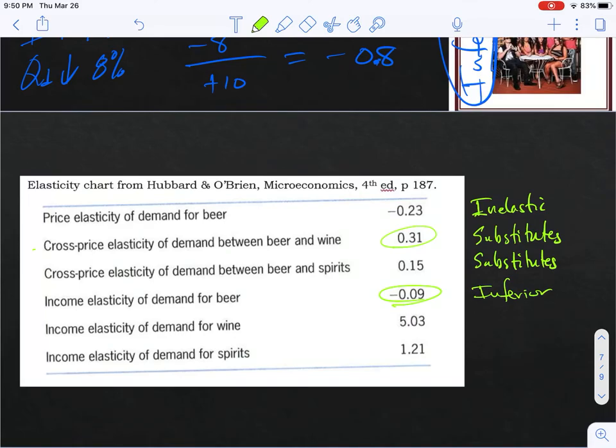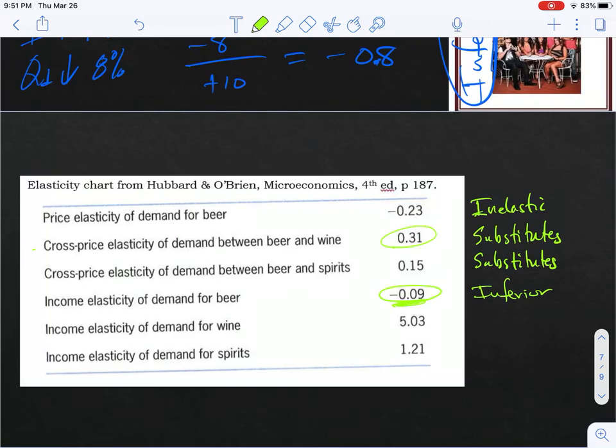It almost looks like as people's income changes, their consumption of beer does not change very much at all. And imagine our collection of data and our access to data is not perfect. Can you imagine a different study that got some data that suggested that beer was a normal good because it got a value of positive 0.07, or positive 0.03 or something like that? So notice that it is negative, which suggests it's inferior, but also notice that it's very small. So we're not going to put a lot of stock in that.